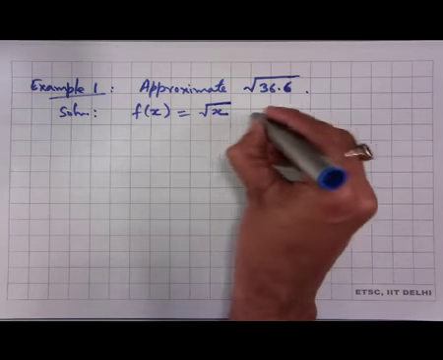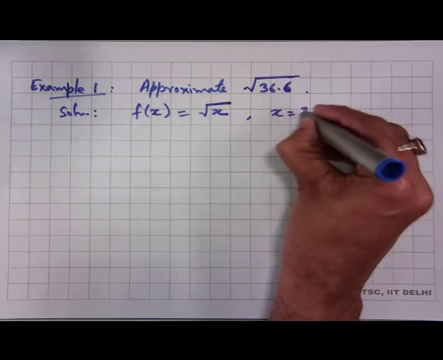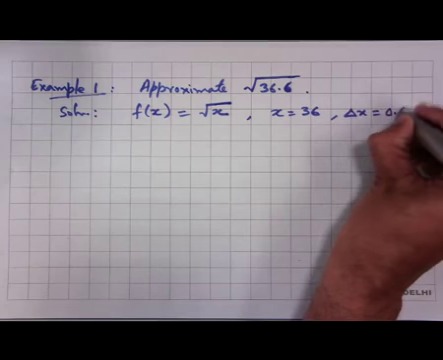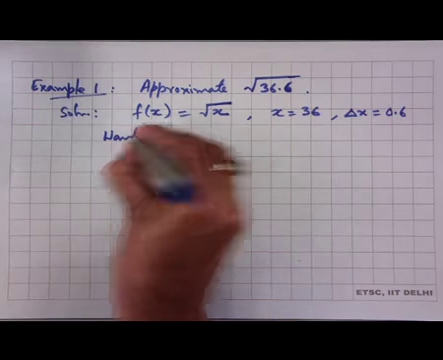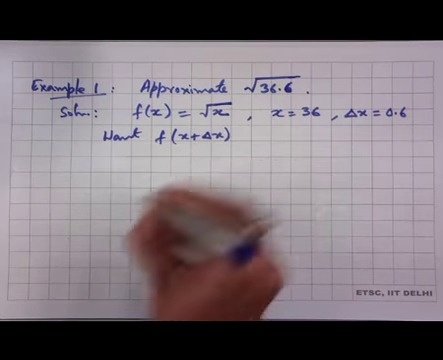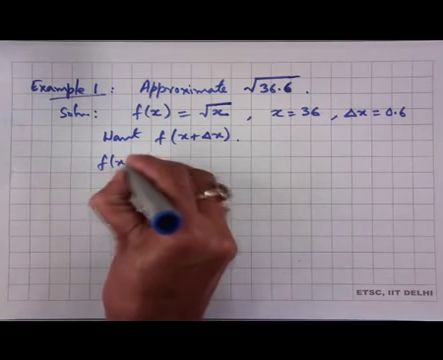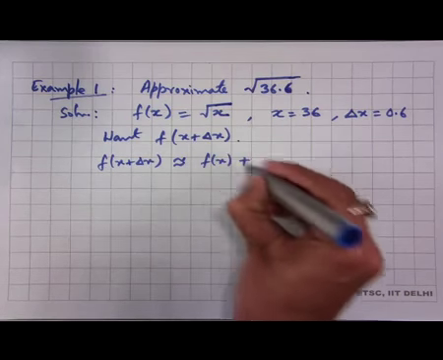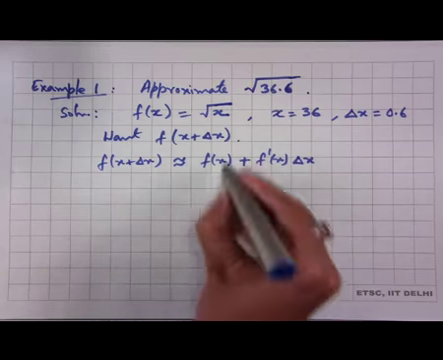So, we take f of x equal to this, and if we take x equal to 36 and delta x is equal to 0.6, then what we want is f of x plus delta x. What we know is that f of x plus delta x can be approximated by f of x plus f prime at x times delta x. Now, what is f of x?